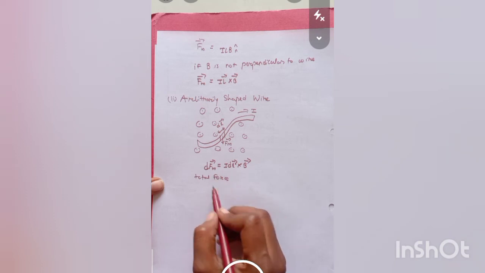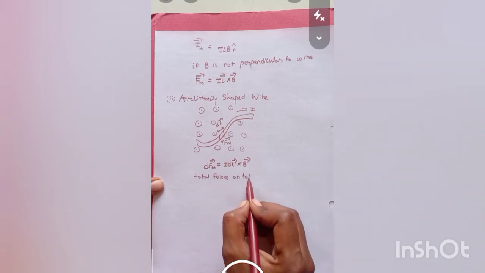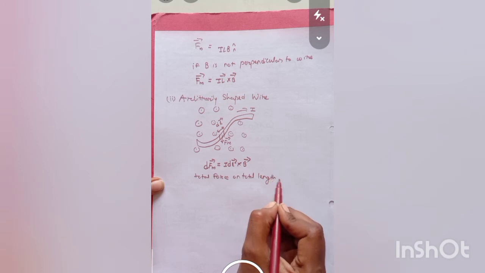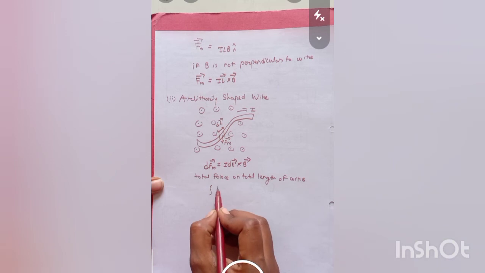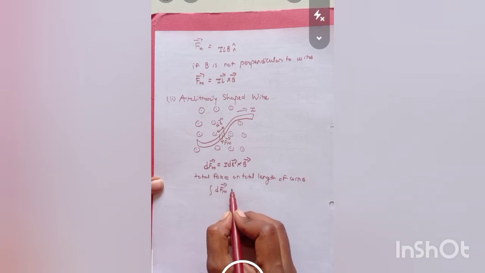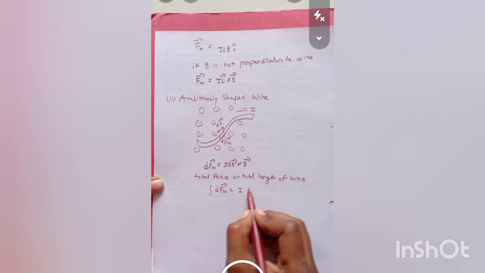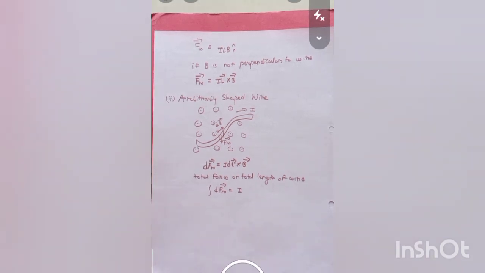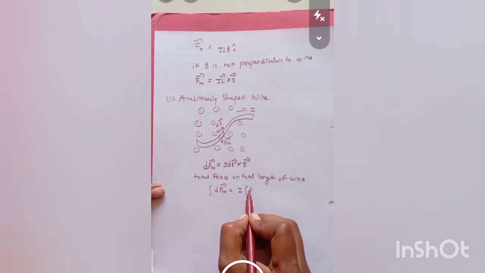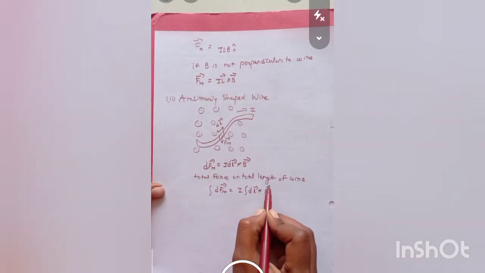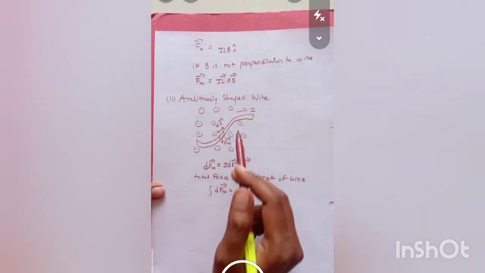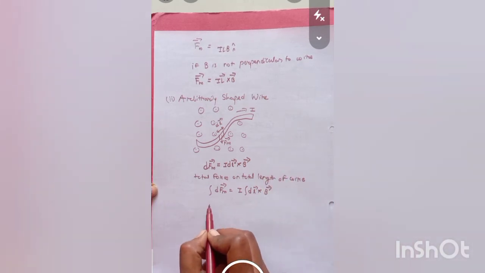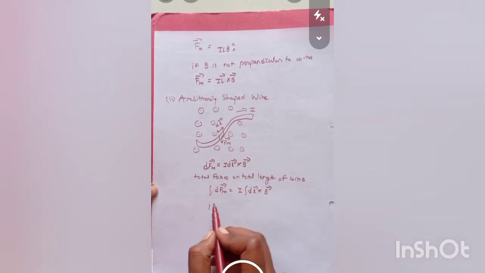So to find the total force on the total length of wire, we will take integration of vector Fm, and integration of this part, integration of dl cross vector B. So if the magnetic field is uniform over the whole wire, then after solving this integration, what we will get?